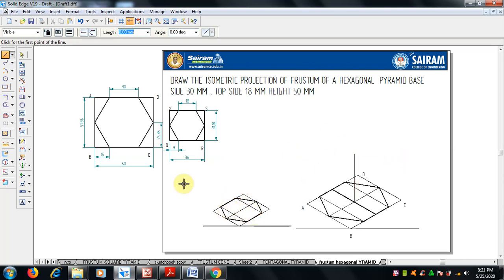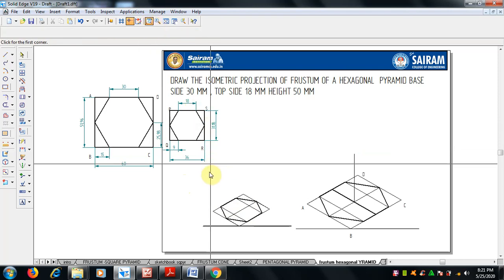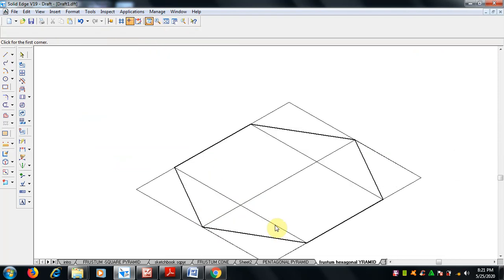Like this I am going to find the center of this, and I will keep this over there. So here, how to find, select mid to mid, mid to mid, and this is the center point. So now this center point I am going to keep over there.